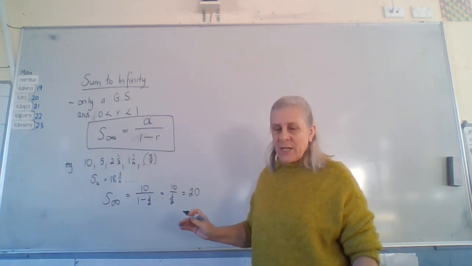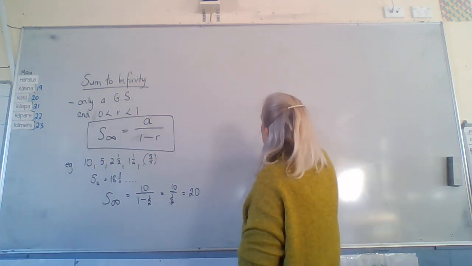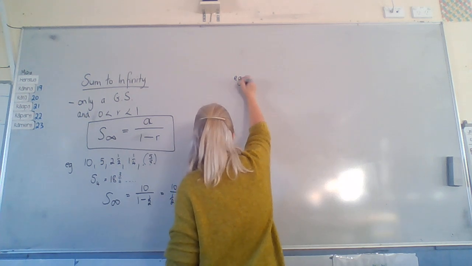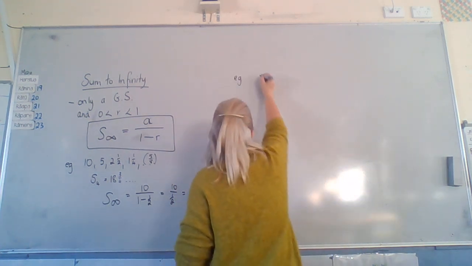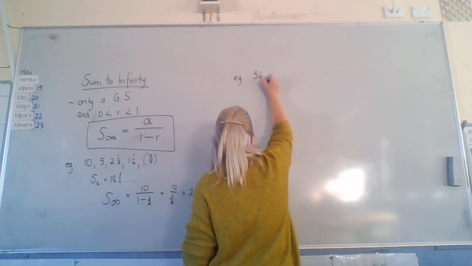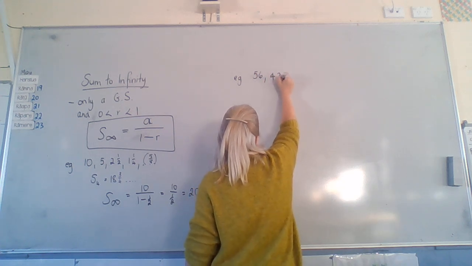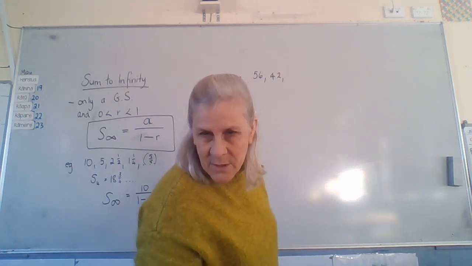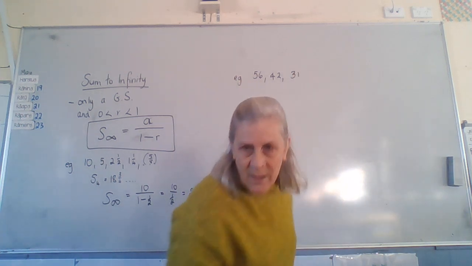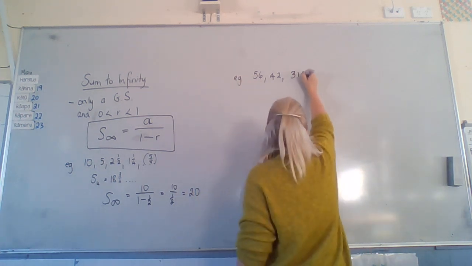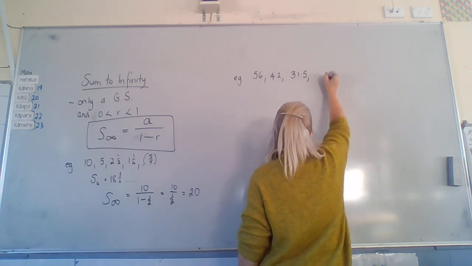We could have trickier numbers than that. So we could have numbers like 56, 42, 31.5, dot, dot, dot.